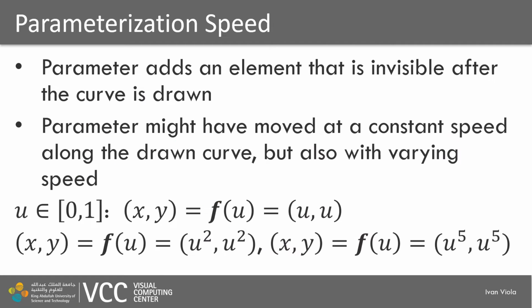Let's have a look at this. For example, imagine that we have a parameterization between 0 and 1 of u, and this u is now drawing us this following line. For x and y, we have the following value.